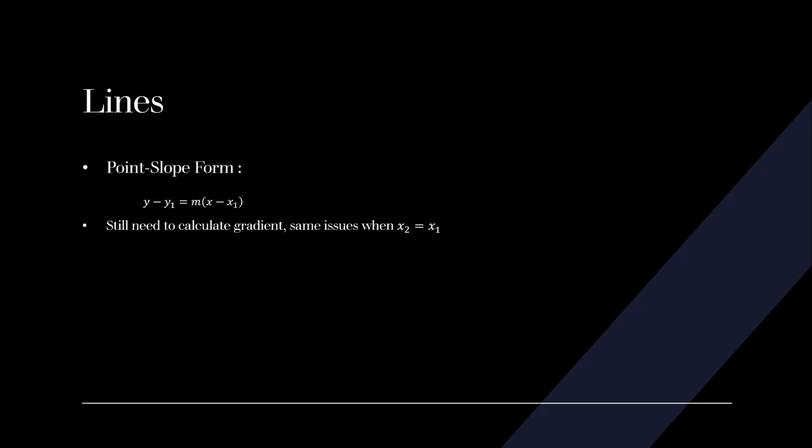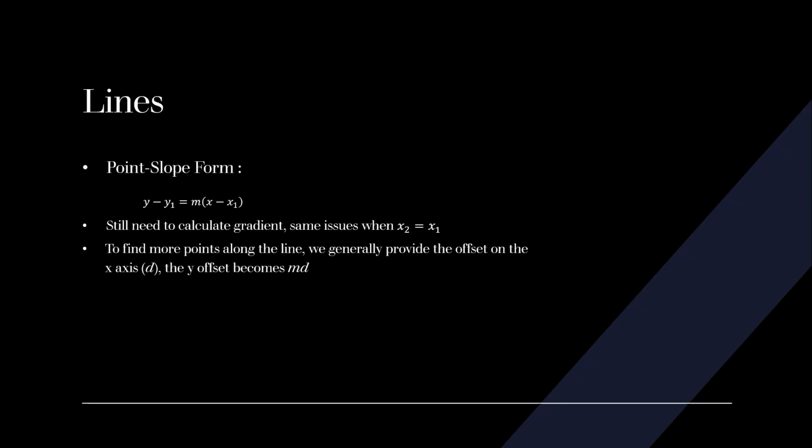Another form of line formula we can look at is the point slope form. It's very similar to the y equals mx plus c form. We still need the gradient calculated in the same way, so we still have the same issues of x2 equal x1, which means we still have a divide by 0.